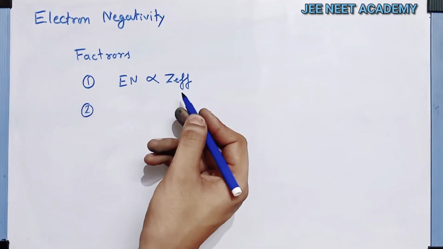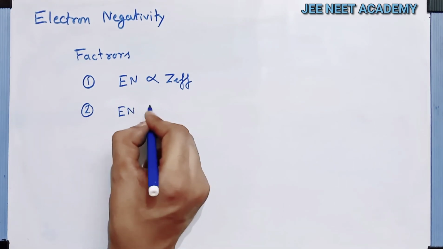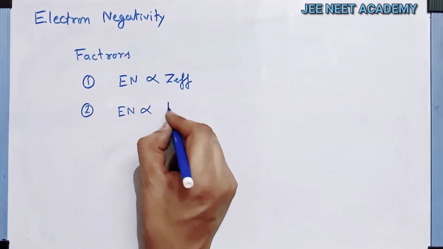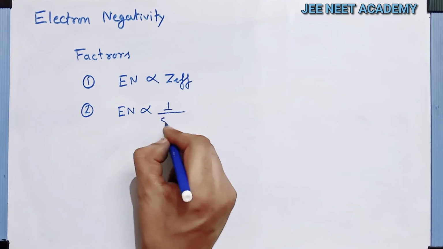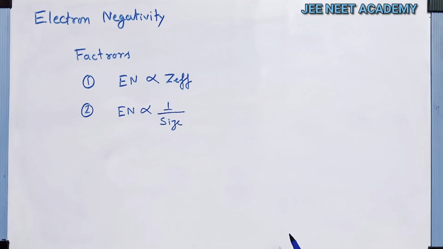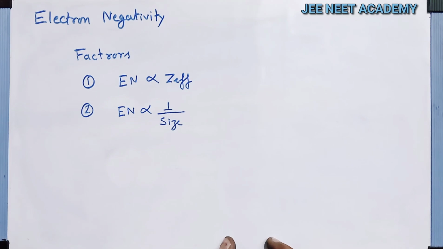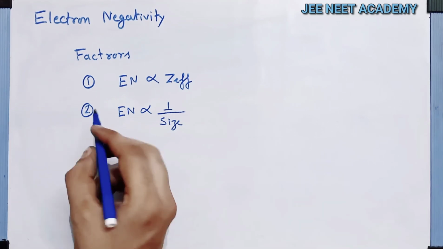There is not much to explain here. Electronegativity is inversely proportional to size. As the size increases, electronegativity will be less. So in a group from top to bottom, electronegativity will decrease.